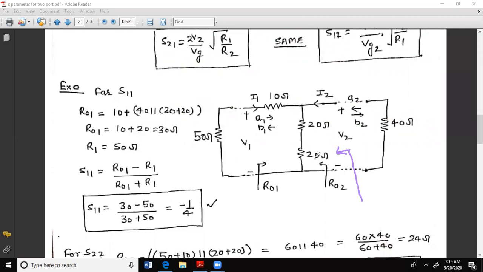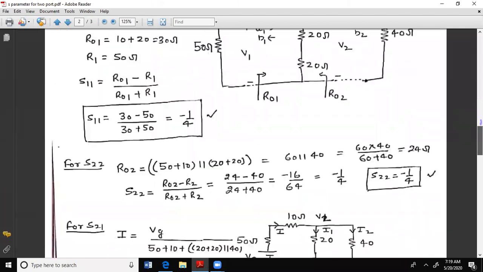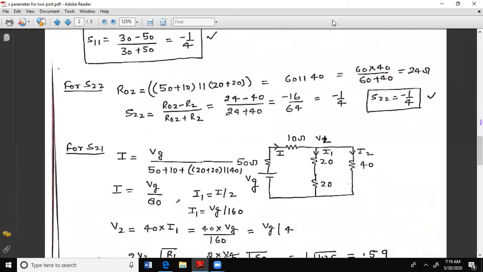So total R02 is 60 parallel with 40. So impedance R02 is equivalent to 60 parallel with 40, which is equivalent to 24 ohm.